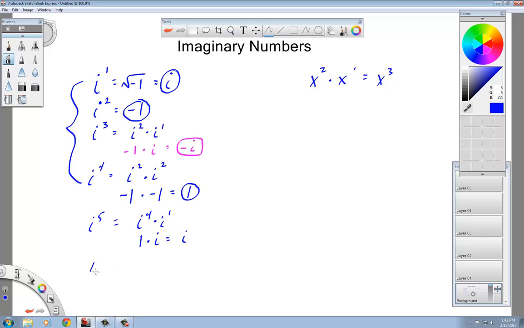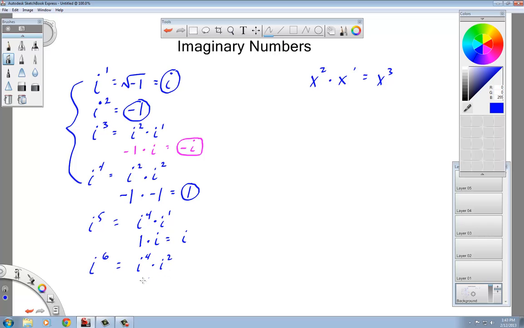So if we had to take a guess here, i to the sixth would be -1, because it goes 1, 2, 3, 4, 1, 2, 3, 4, and so on. It repeats every 4. If we weren't 100% sure of that, we would do i to the sixth is i to the fourth times i to the second.